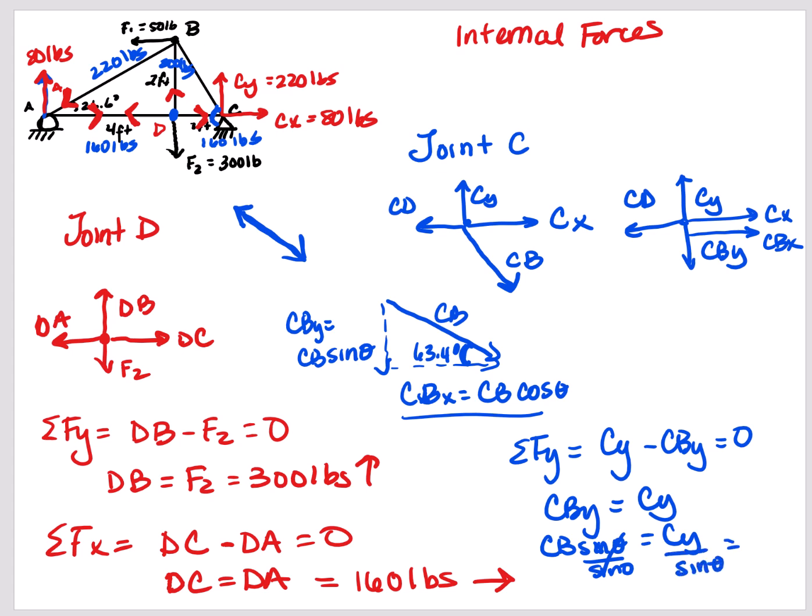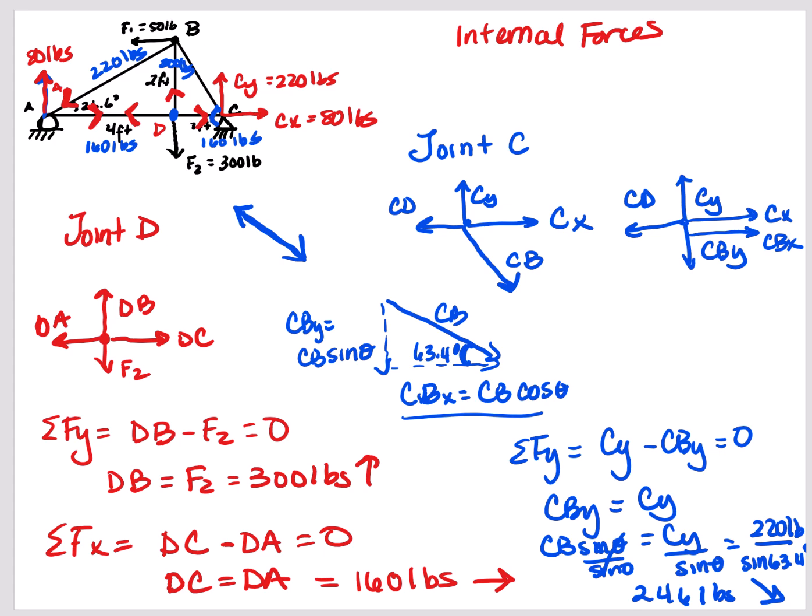So that becomes Cy, which we solved as 220 pounds, divided by sine of the angle, which is 63.4. This was given in your worksheet. And so that means CB or BC is equal to 246 pounds. Came out positive, so the direction we drew in is correct.